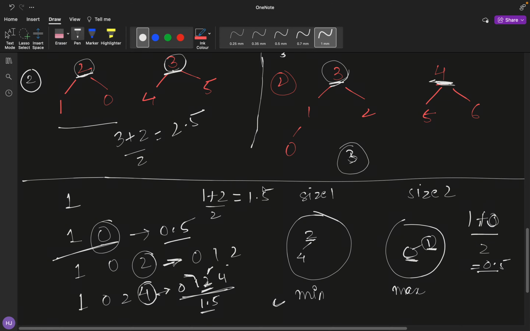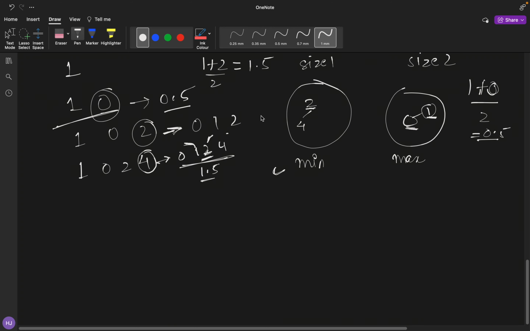Okay, so now let's take one more last case, and afterwards I think the suspense will be over. Suppose I have 1, 2, 4 and 3, and at this point we already have the state of our heaps. So what do you think? Where should my 3 go? Because at this point both of my heaps are of equal size.